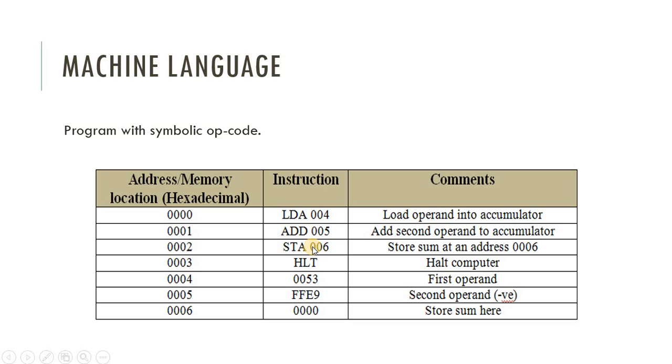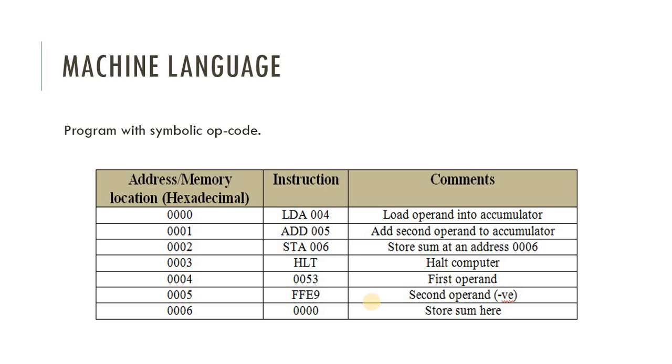Third is STA 006, which means store the sum at address 006. HLT means halt the computer. 0053 is the first operand, FFE9 is the second operand, and the sum value is stored at the 0006 memory location. So this is the complete instruction set in symbolic format.